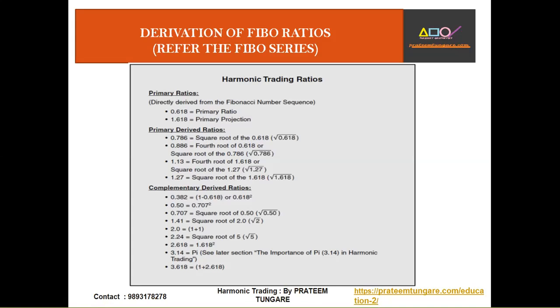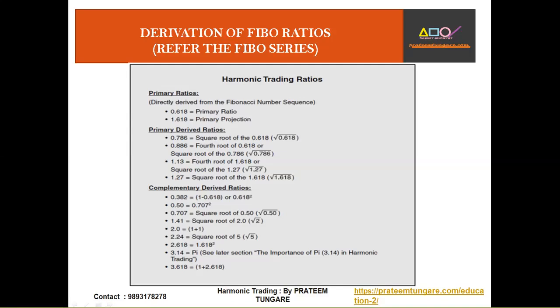All the other ratios, 0.786, 0.886, 1.13, 1.272, are primary derived ratios, as they are derived from the primary ratios. Then there are complementary derived ratios, like 0.382, which are derived from these primary derived ratios.